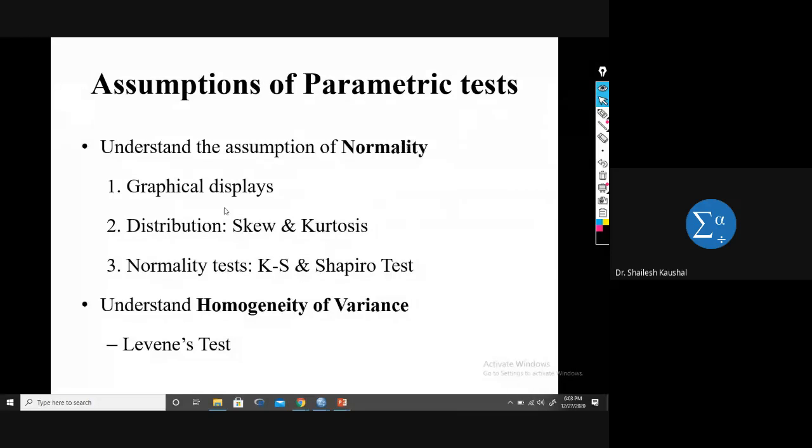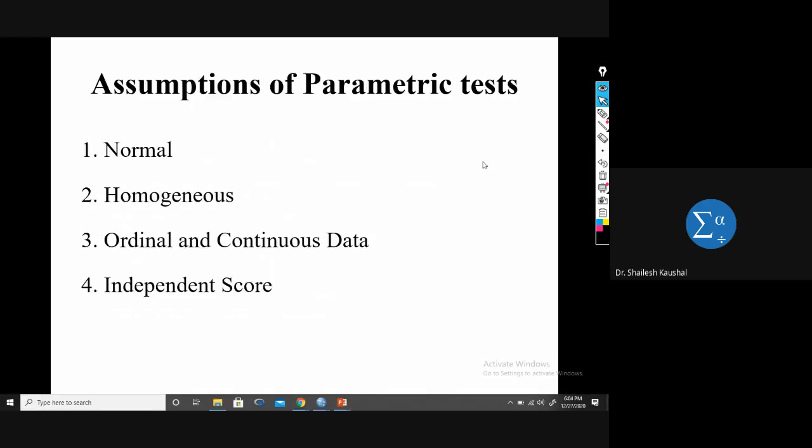What does it mean? So when we apply any parametric test, either independent t-test, paired t-test, ANOVA, repeated measures ANOVA, or whatever parametric test we are using, before applying it we should check the normality and homogeneity of the data. Now, there are four basic assumptions.